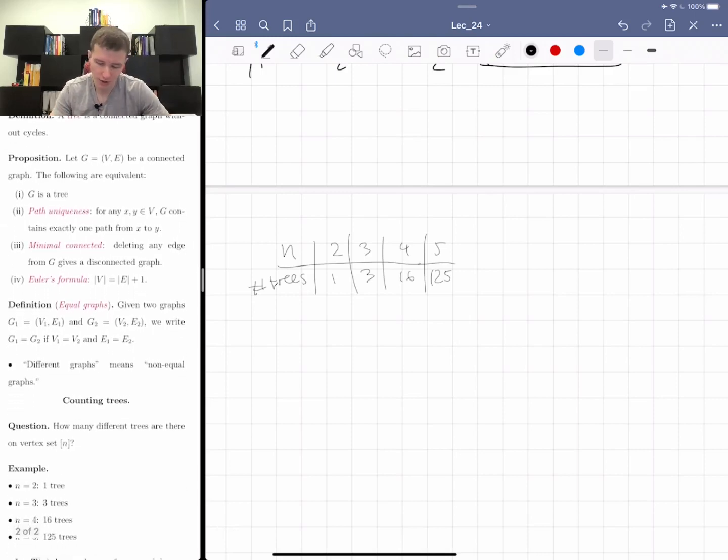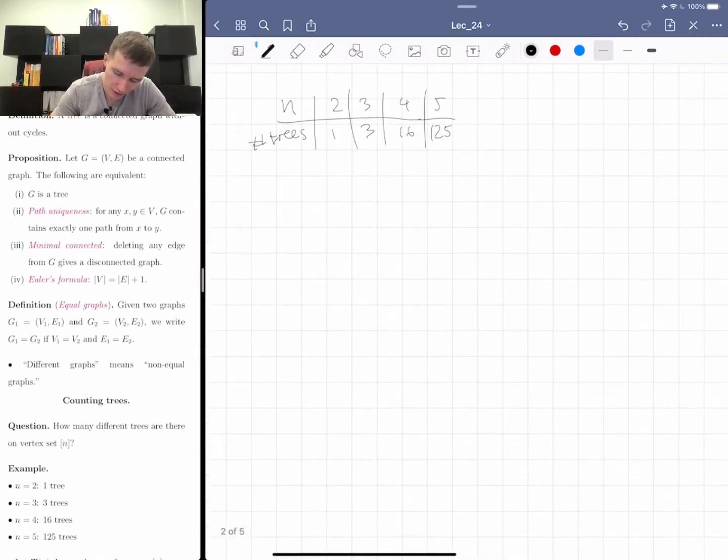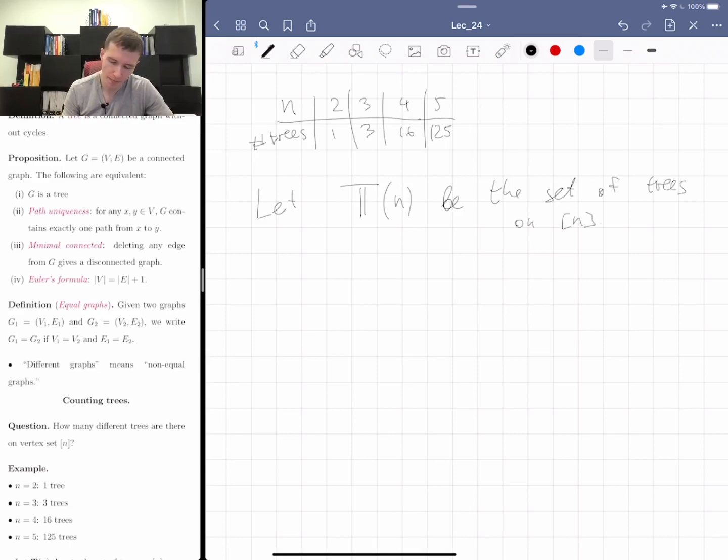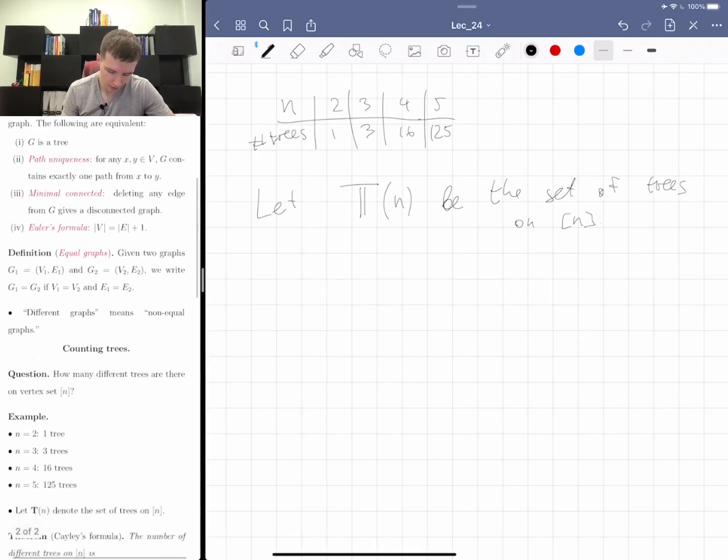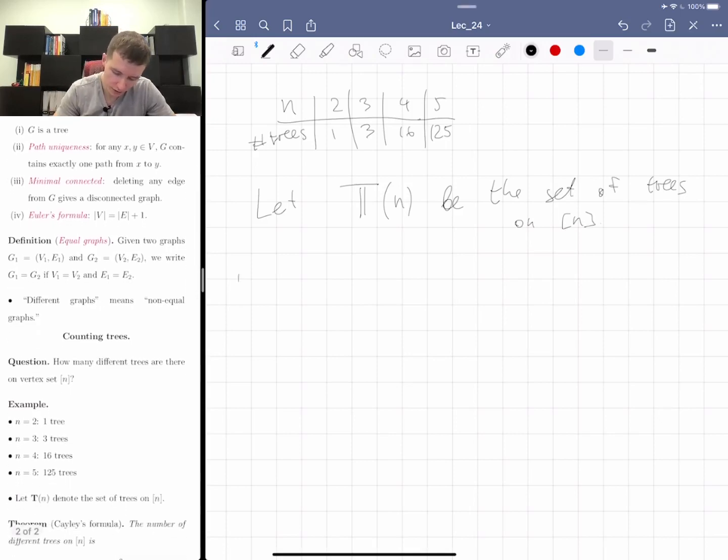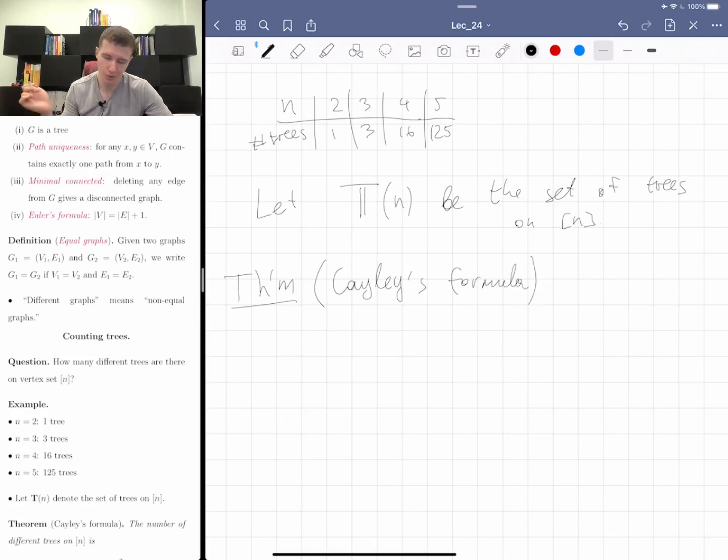Let me introduce one notation. Let fat T of n be the set of trees on the vertex set bracket n. Then the claim is what's called Cayley's formula, which is one of the most beautiful formulas in all of combinatorics.